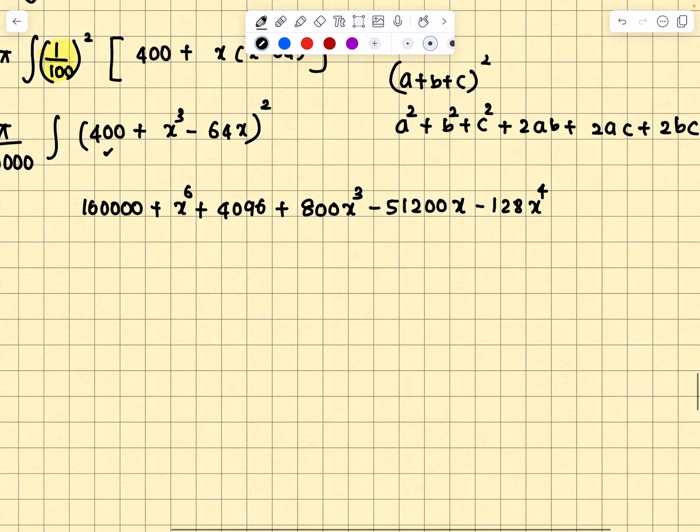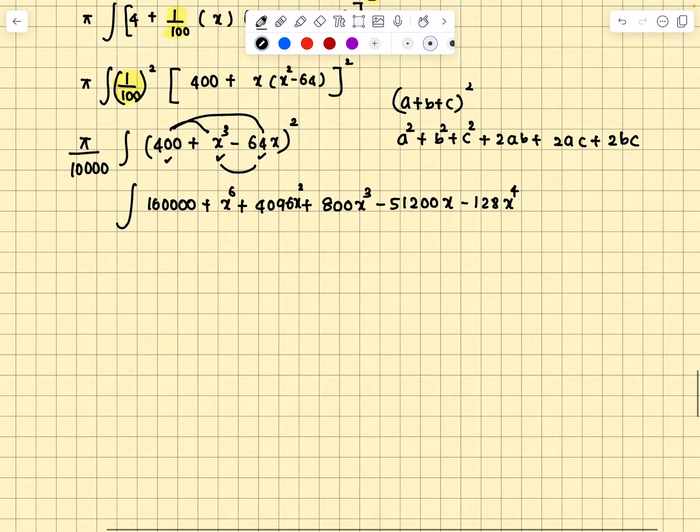So I've squared that, that, and that, which is x squared. And then I've doubled this, multiplied, and then multiplied those two and doubled it. And then the last one multiplied and doubled it. That's the integration that I'm supposed to do now.